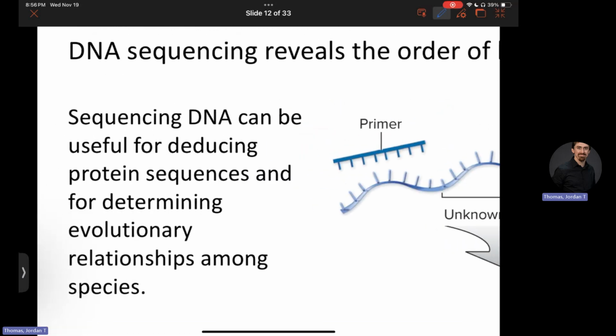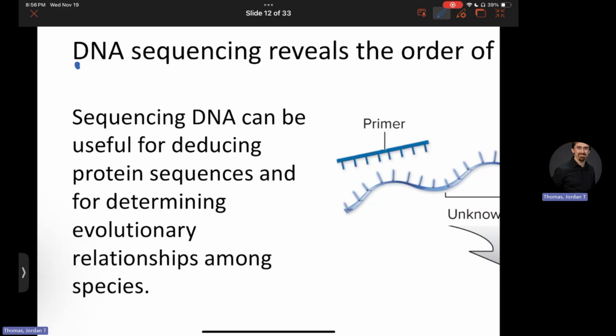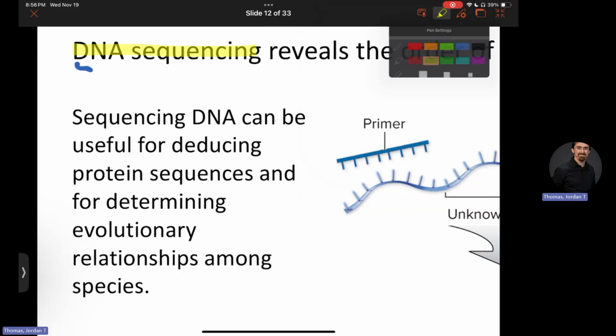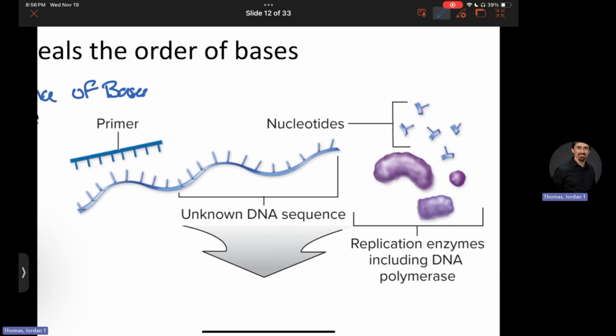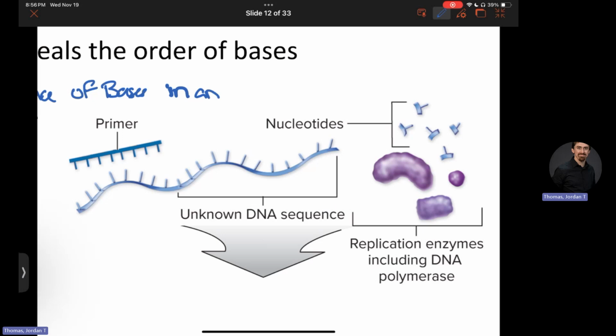Let's define DNA sequencing in a very brief way. I'm going to use my highlighter to highlight this. DNA sequencing is determining the sequence of bases in an organism's genome.